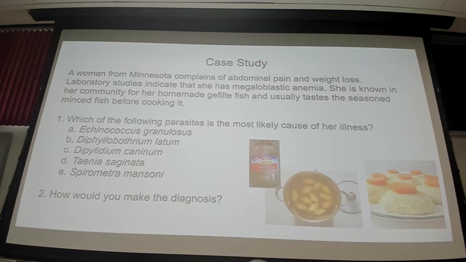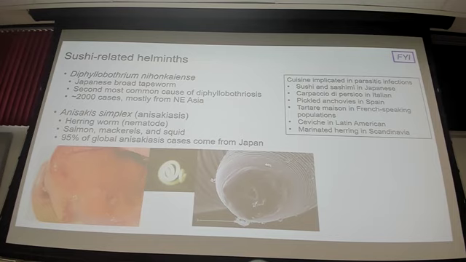And then lastly, this is just for funsies because I had students asking about sushi-related parasitic diseases. A couple of these are tick-borne infections. There's a bunch of other cultures who like their fish to be raw as well.